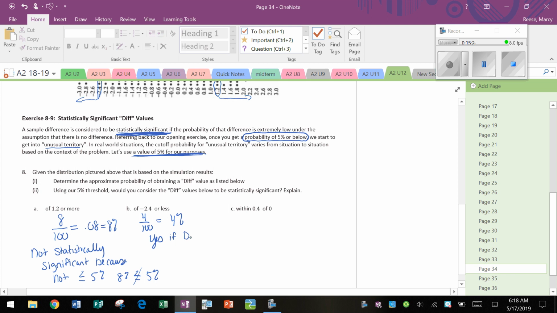If diff is negative 2.4 or less, we're going to say statistically significant, because 4% is less than 5%.